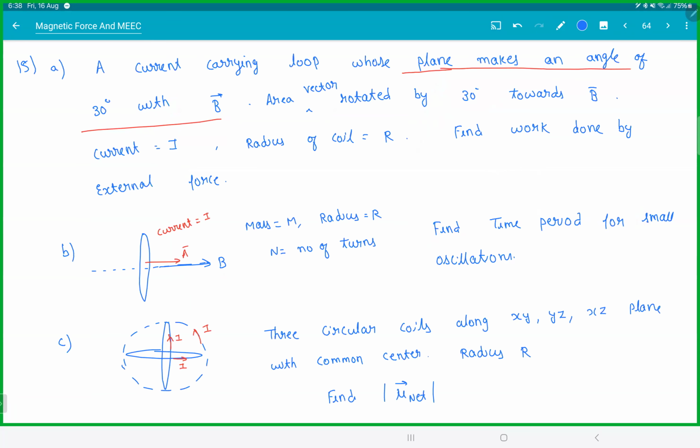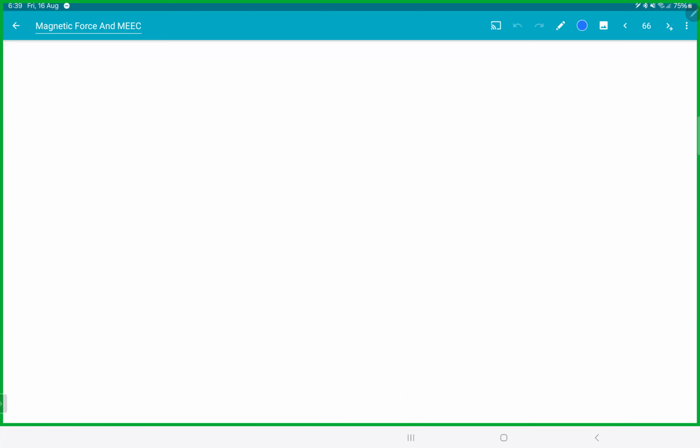Get B and C. Find the time period and the mu of the system for the three circles. Look at the second part.